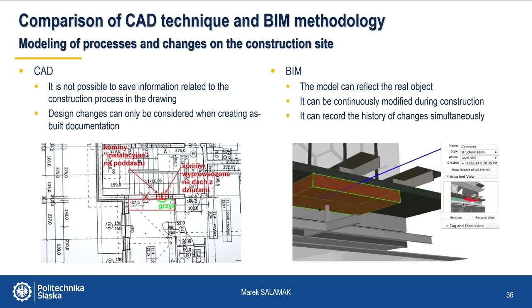This is done by introducing red lines and comments on the original paper documentation. This again can be interpreted differently and ambiguously. Meanwhile, the BIM model reflects the real object. It can and should be modified on an ongoing basis during construction. It can also record the history of changes and even who made them.